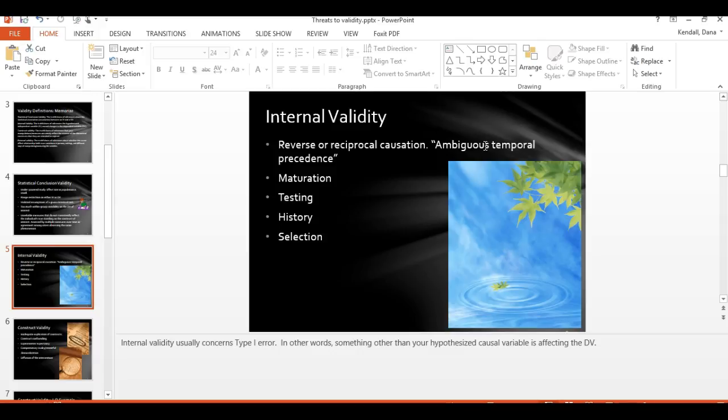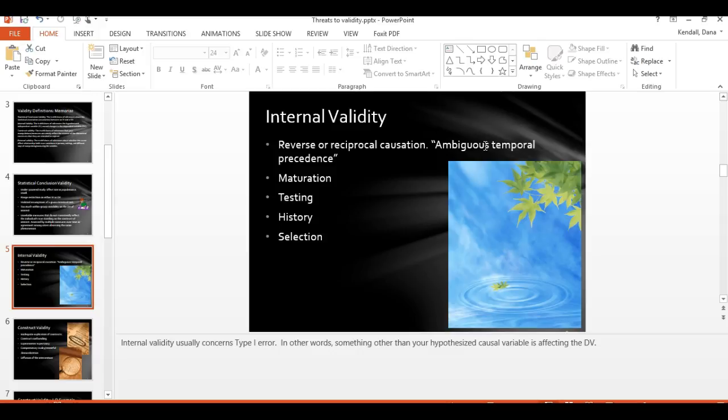And finally, selection. This is our basic confound, like I discussed in the last screencast, where people who volunteer for a program or an intervention systematically differ from people who don't. And so when we test them at the end, we will see differences, but it's not due to the intervention, it's due to those systematic differences.